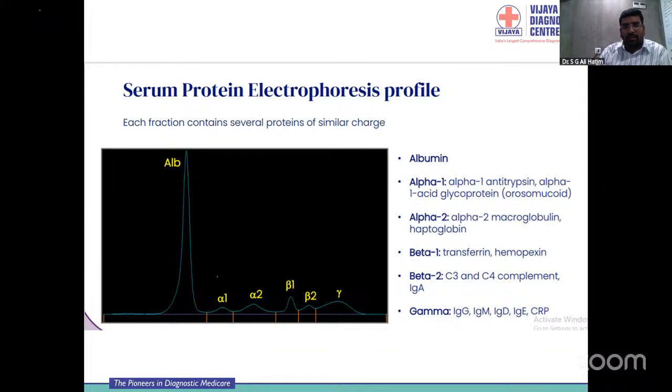In beta 2 we have C3, C4 complexes and IgA, whereas in gamma we have IgG, IgM, IgD, IgE, and CRP. So these are the several proteins which can get reflected in an electrophoretic pattern.